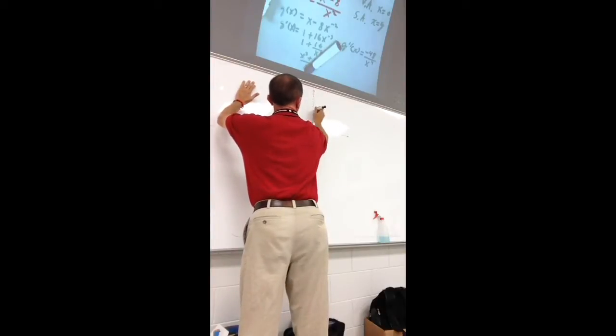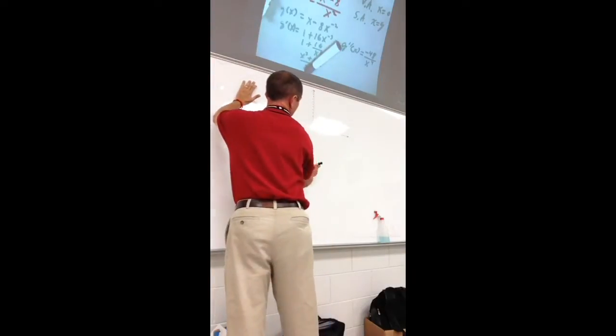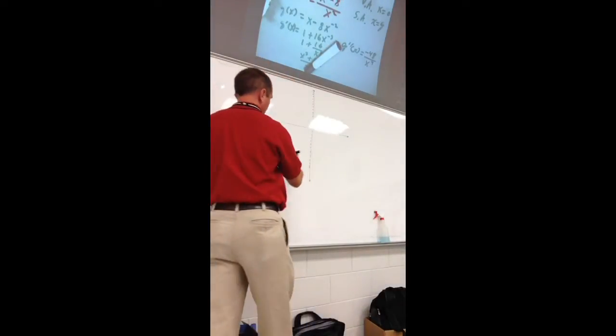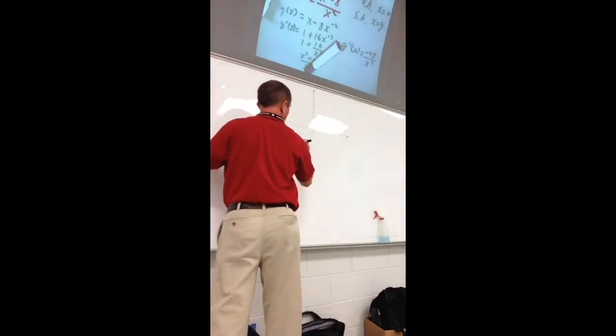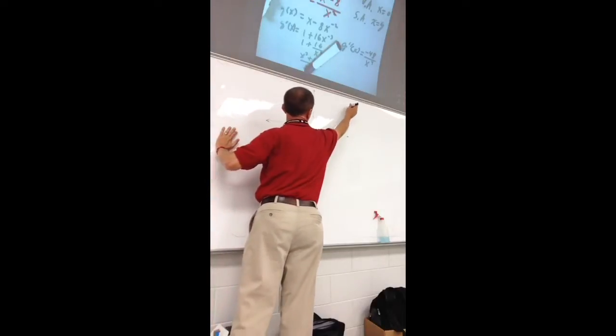But I have a vertical asymptote that sits right here, and I have a slant asymptote that's y equals x. So I've got a slope of 1 passing through the origin, right?